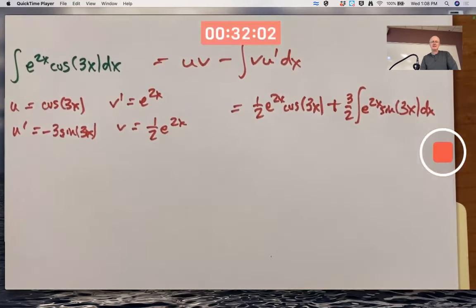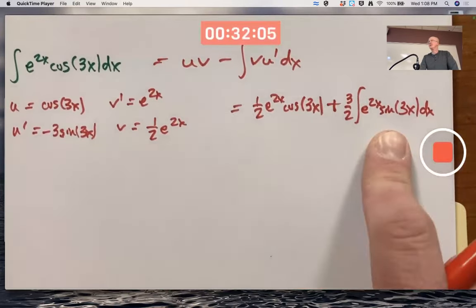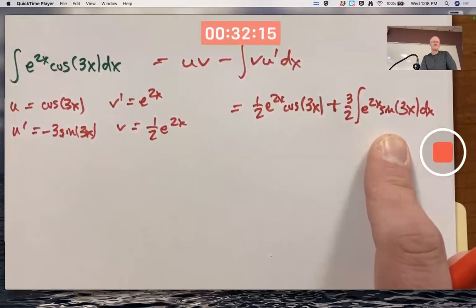But wait a minute. That integral doesn't look any simpler, does it? It's basically the same thing, except with a sine instead of a cosine. Seems like we're spinning our wheels.